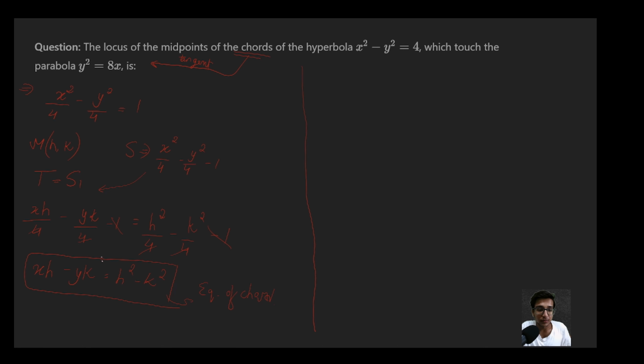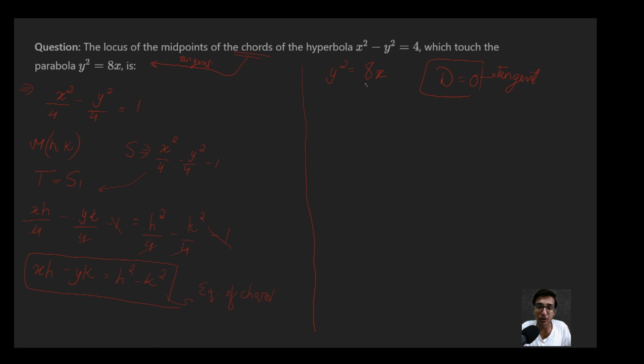Now we have been told that this line is tangent to y square is equal to 8x. So I hope you all remember, if we were to find out whether a line is tangent, intersecting, or not intersecting a conic, we have to take the entire equation into one variable, which would turn it into a quadratic, and from there we take out the discriminant and we say D is equal to 0 for tangent.